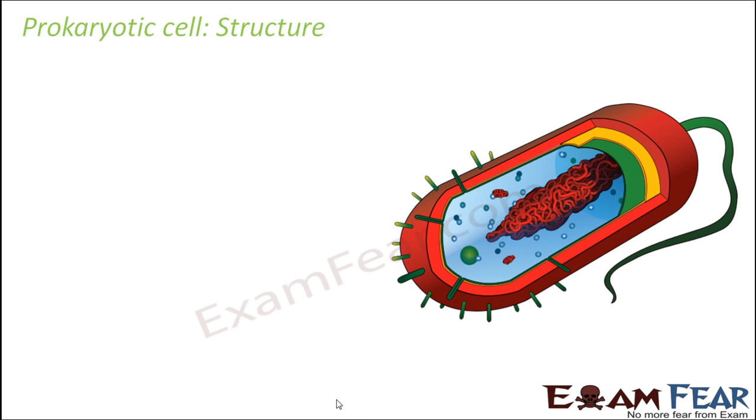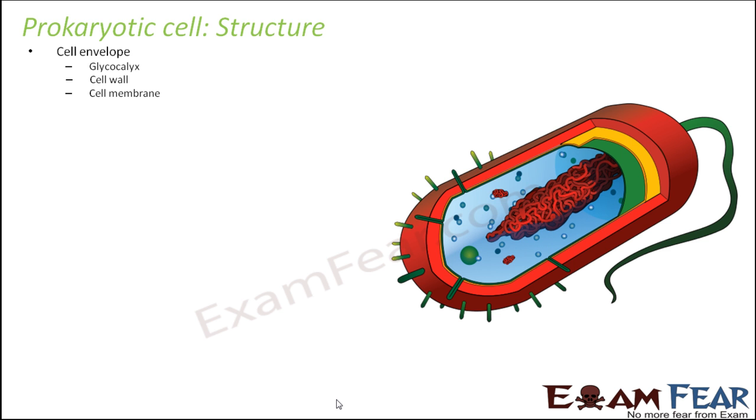Now we will discuss the structure of a prokaryotic cell, even though the structure is not going to be that complex. It has a cell envelope, which is a little different from what we had in eukaryotes.